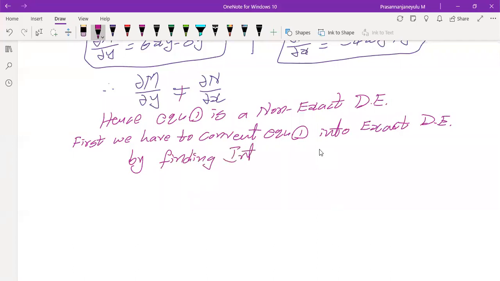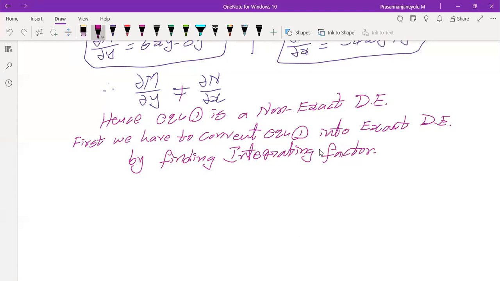Actually, we have to multiply with the integrating factor. For that, for finding the integrating factor, what do we have to do? We have to continue with our process.